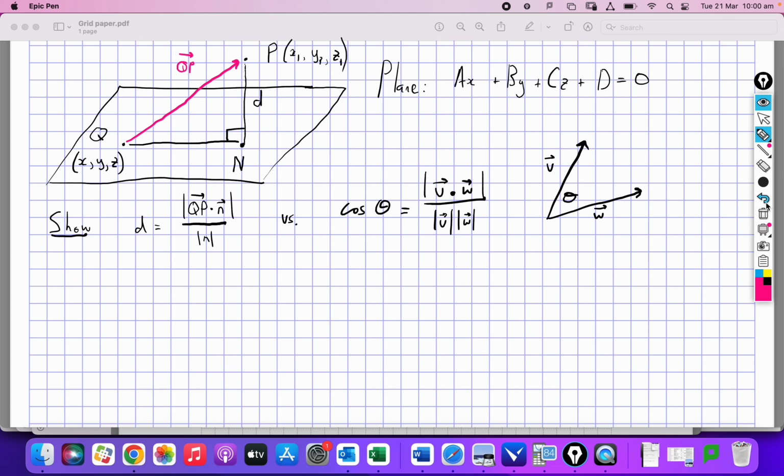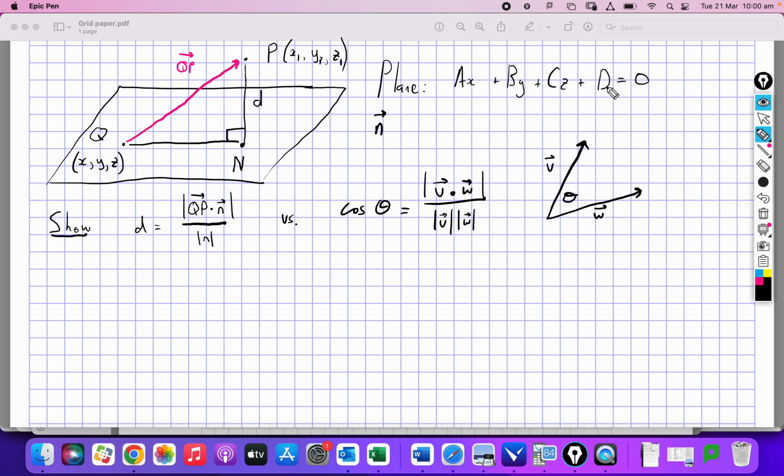So the normal, I can get from the plane equation, because the Cartesian equation of a plane is derived from the normal vector to the plane, because we know that the dot product of this normal with any vector on the plane, like here's one, QN, would equal 0.